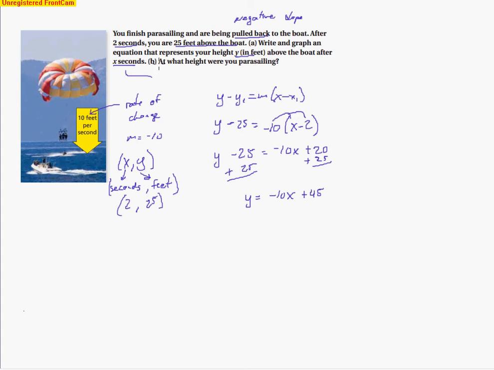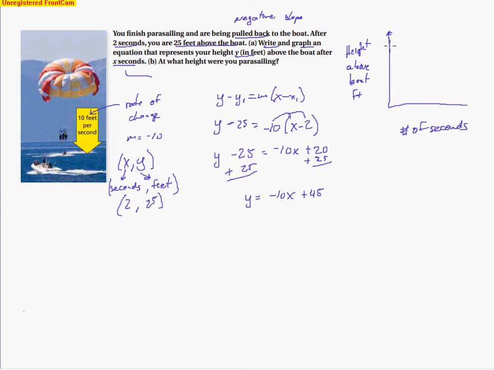It says here that we're supposed to write and graph an equation. So I'll sketch a quick coordinate plane, and all I need is the first quadrant. So here's my x-axis, which represents the number of seconds, and I have the y-axis representing the height above the boat, and this is in feet.